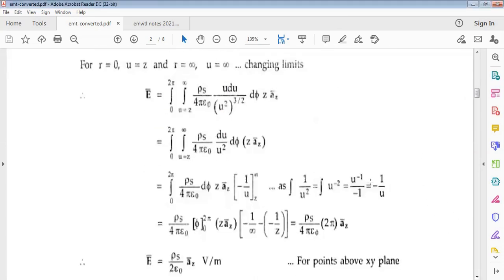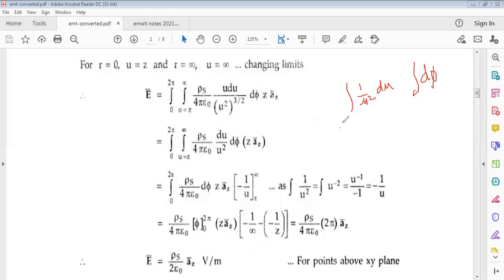Now you can see that rho s by 4 pi epsilon naught, Z and az bar, the total is a constant. We have only the integral of 1 by mu square into d mu. Another integral is there, that integral is d phi.